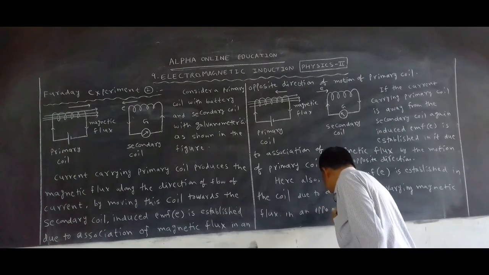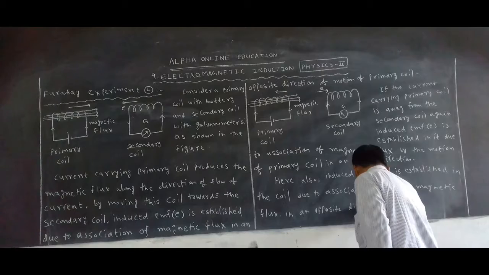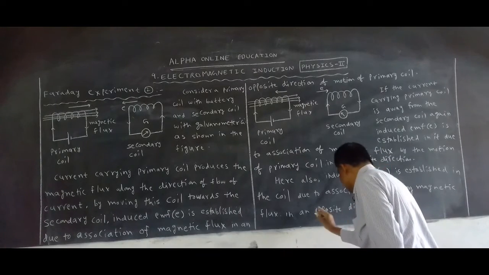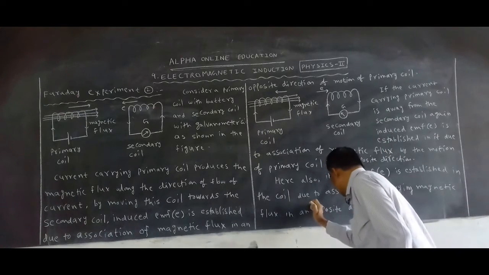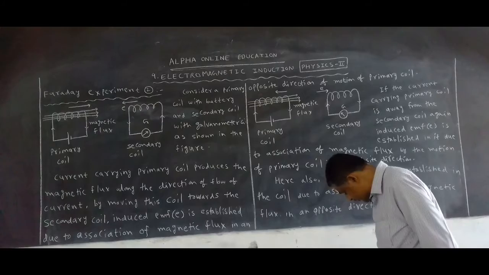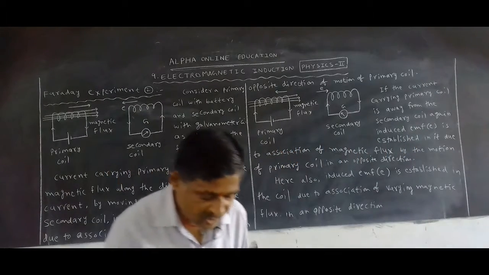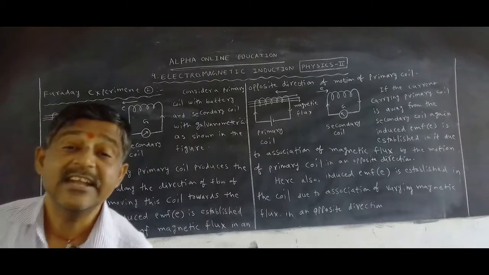This is very, very important. So in the Faraday second experiment, as in both experiments, an induced EMF is established in the coil when it is associated with varying magnetic flux, but in the opposite direction of variation of magnetic flux. This is the Faraday second experiment.